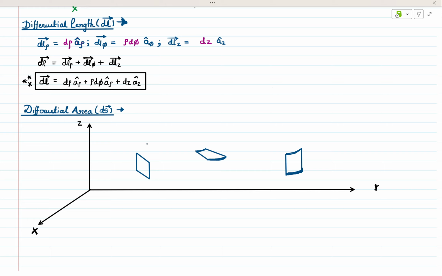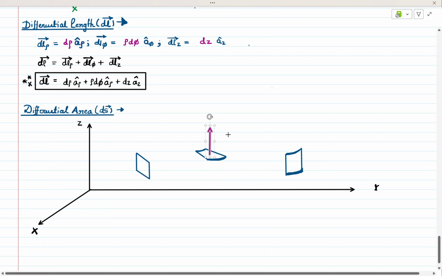These are the three areas. Now the three areas have three direction vectors. Let us see the direction vectors. This was one. The direction vector is nothing but the perpendicular to that area, right?